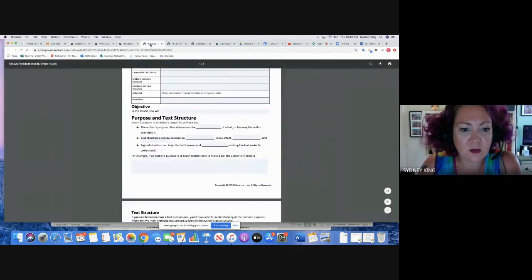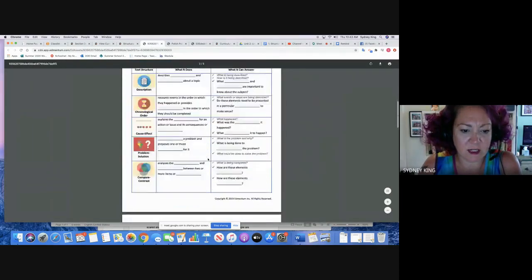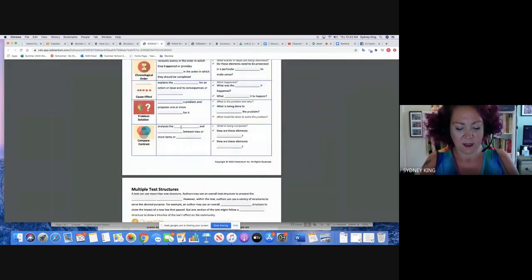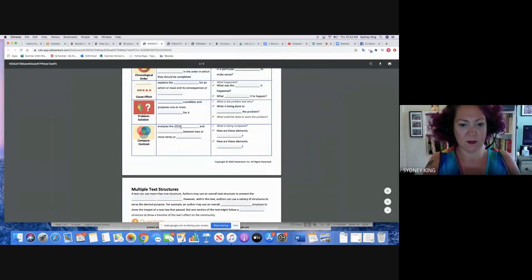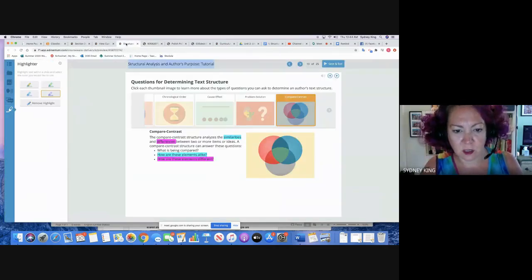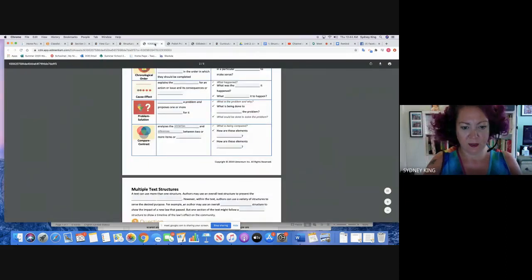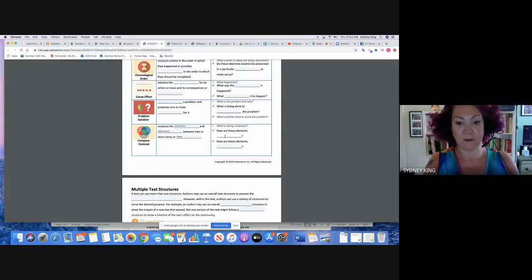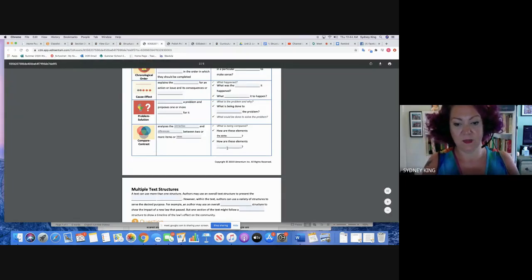I can also go over and find the similarities and differences between 2 or more items or ideas. So how are these elements the same, and how are they different?